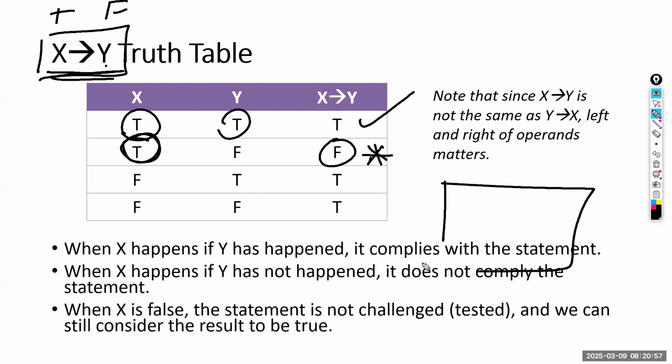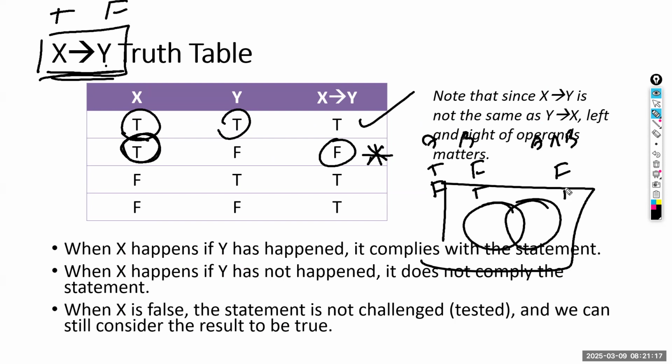Just like when we say A and B, when A is true and B is false, this statement must be false, right? Because both must be true. Only when both are true is it true. But when the second one is false, obviously this is false. Or when both are false, this is false according to the analogy.